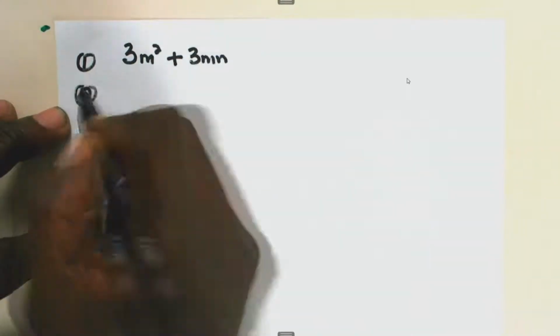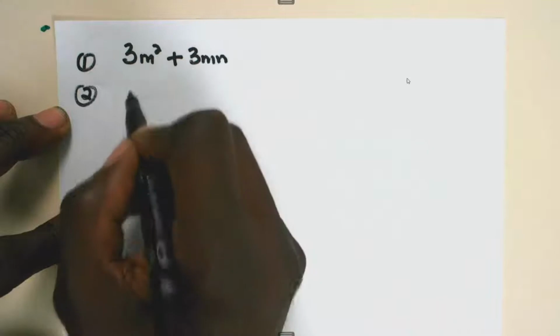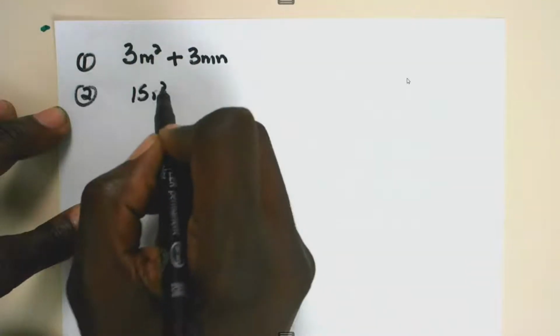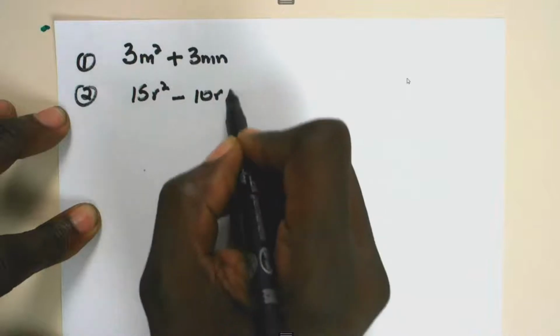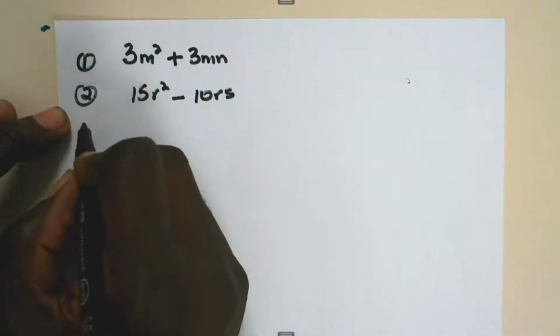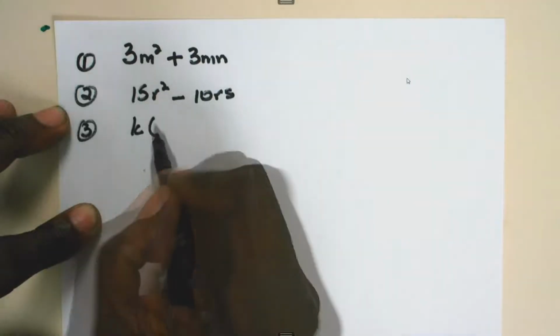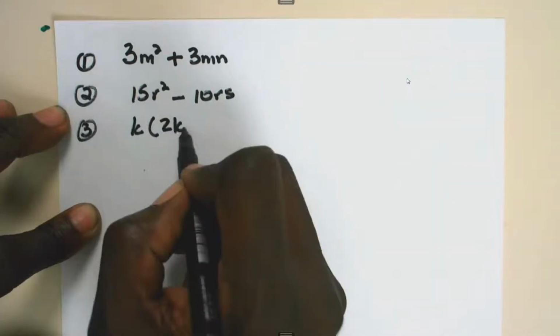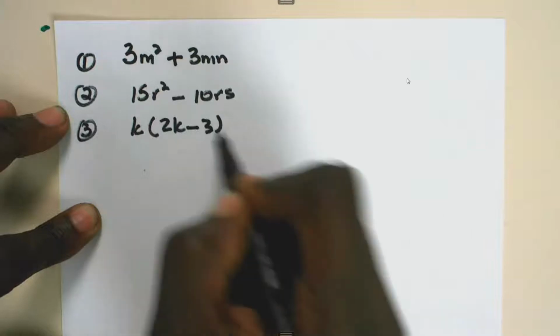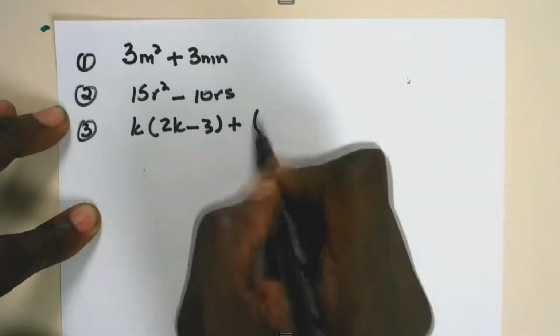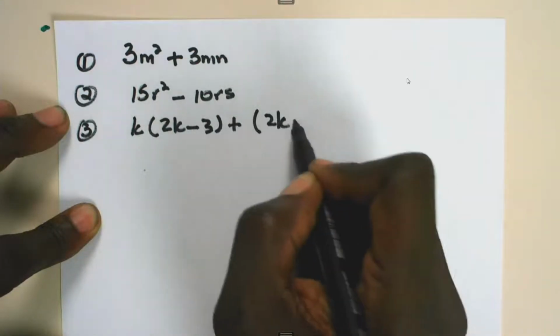Number 2 is where we have 15r squared and then minus 10rs. Number 3 is where we have k into 2k minus 3 plus 1 into 2k minus 3.